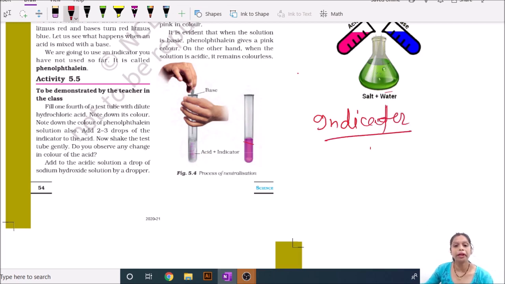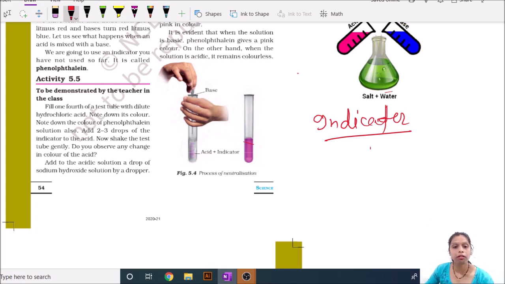When we put phenolphthalein indicator into hydrochloric acid and stir well, what you will observe is that the color of the solution is not changed, it is unchanged.